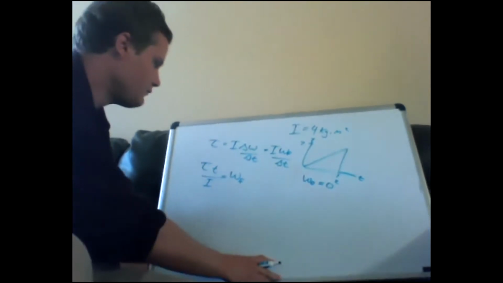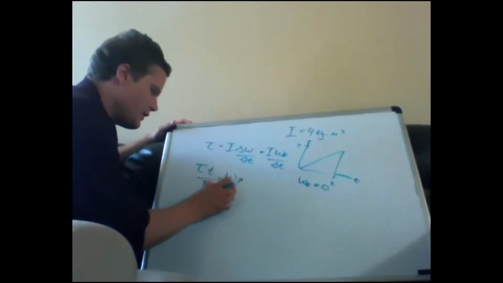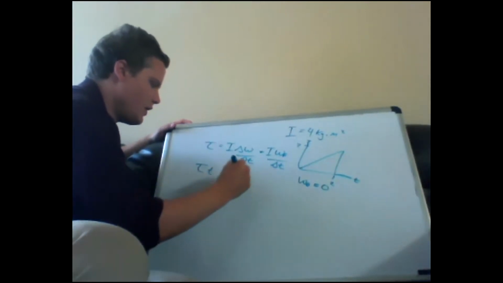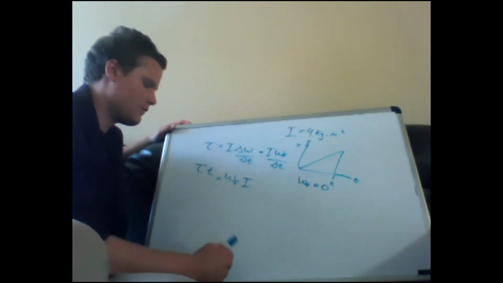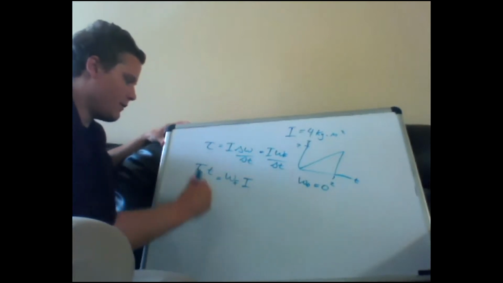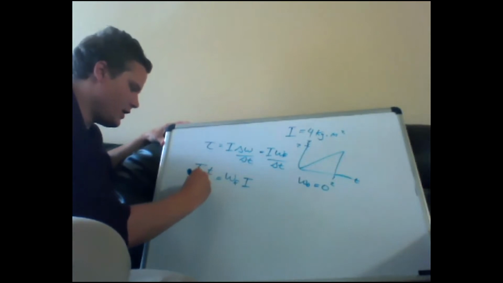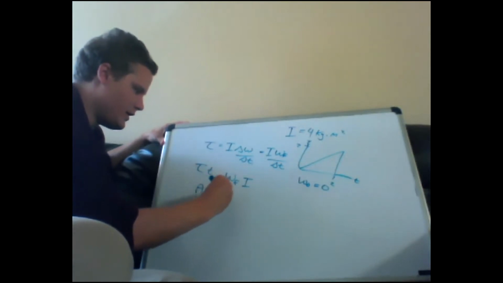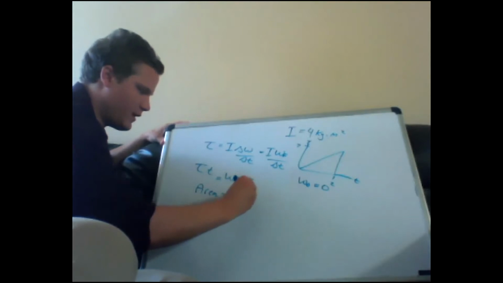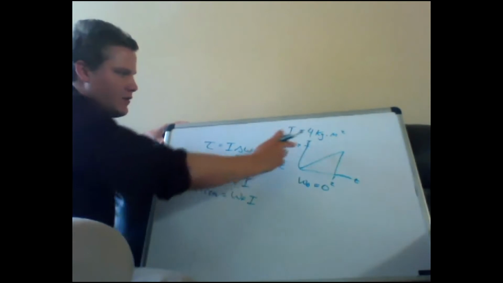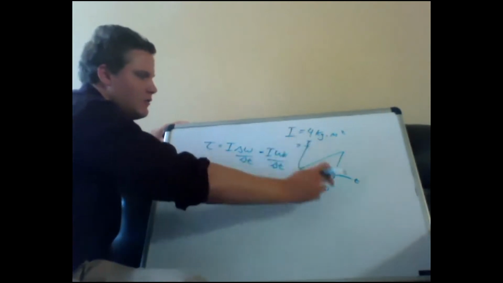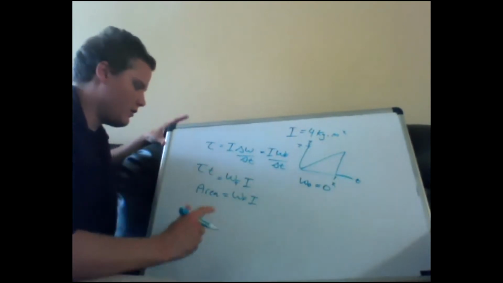And so, to make this a little more clear, I'm going to leave my moment of inertia over here, and I'm going to say that this is then equal to the area. So the area is equal to omega f times I. Our area is 1/2 base times height. That's 2 times 2, which is 4. Divide by 2. That's 2.